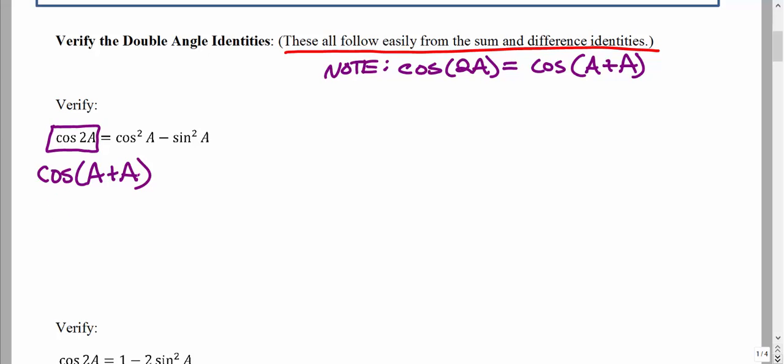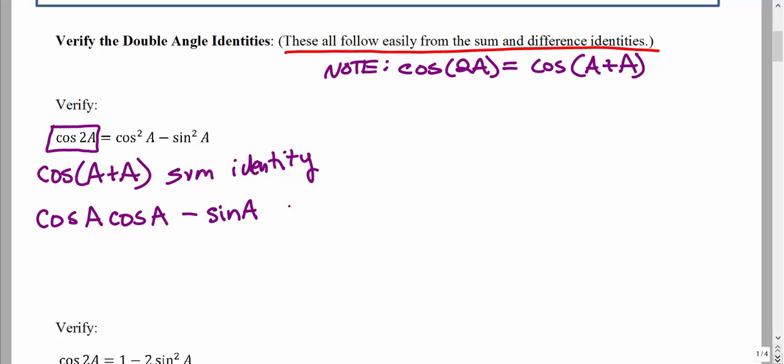And we're going to use the sum identity to rewrite this as cosine A times cosine A minus sine A times sine A. We're just using the sum identity for cosine: cosine of the first angle times cosine of the second angle. Now the angles happen to be exactly the same, they're both A. Minus, so if we're adding on the inside, we are subtracting.